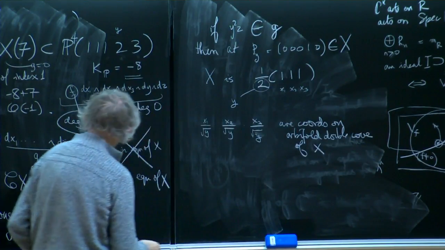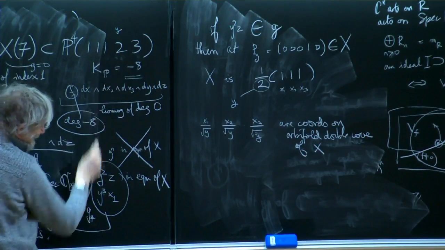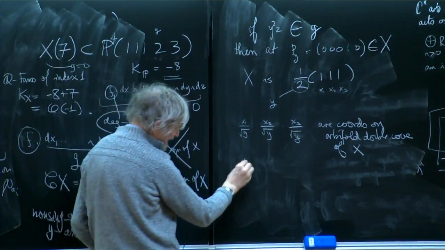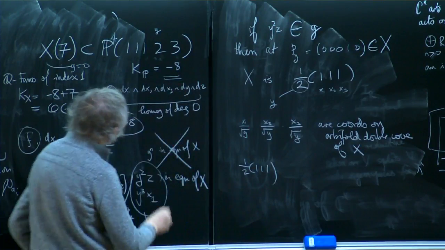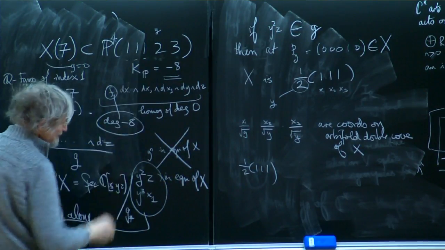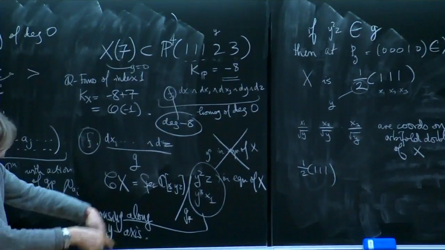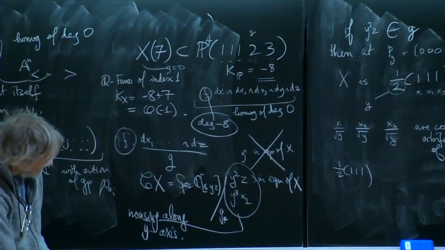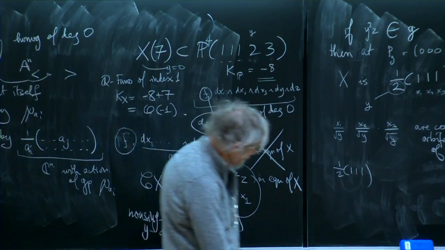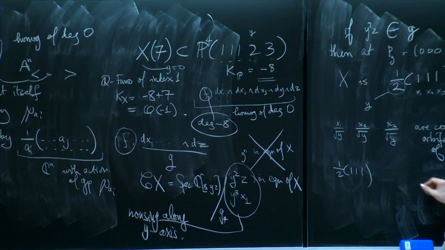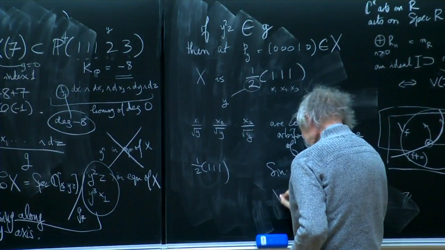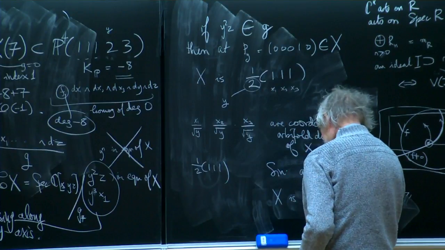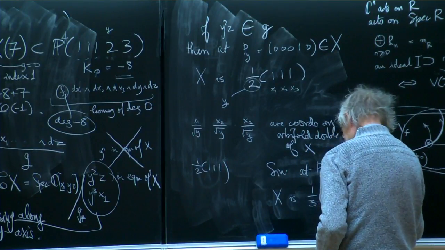Yes. So X, locally at this point, is the quotient 1/2 of 1, 1, 1. The coordinates here are x1, x2, x3, and the half is there because I can only take invariants of order 2 of them. Similarly at P_z, X is 1/3 of 1, 1, 2.